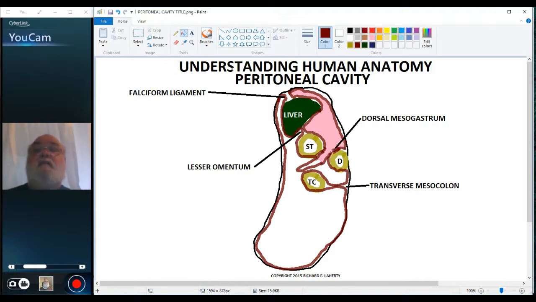And again, keep in mind, this is all part of the lesser sac that's growing down.